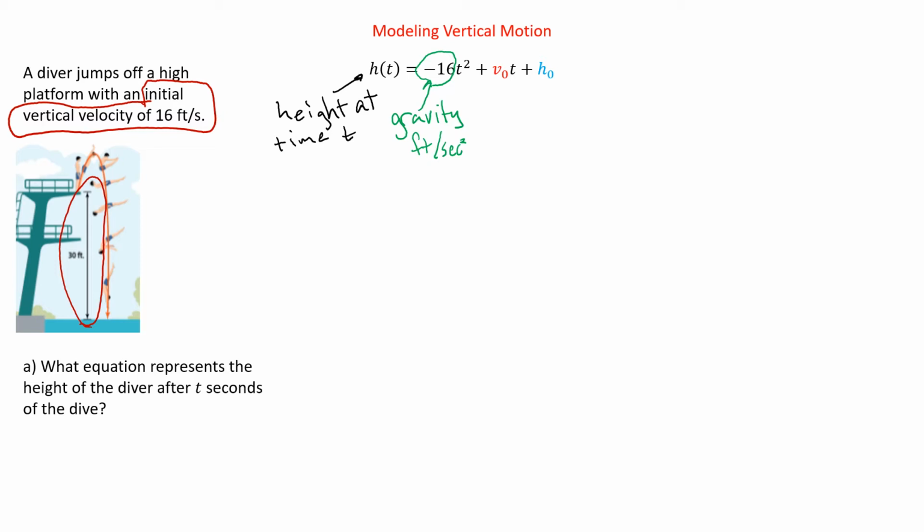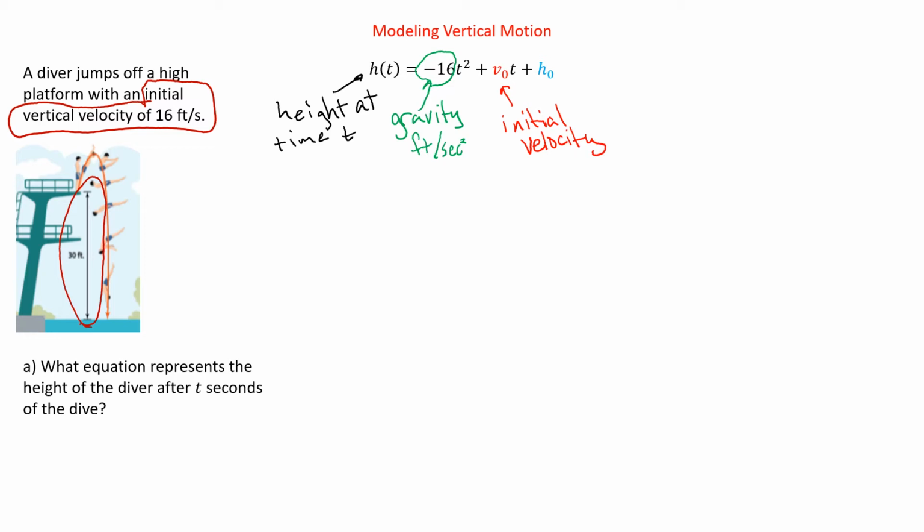Then plus, we've got this v naught, I called it. This is the velocity at time 0. That's what that little 0 is. It's the starting or the initial velocity. That little 0 means initial.